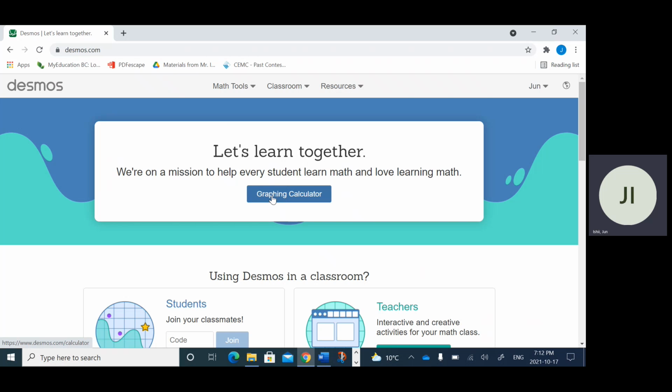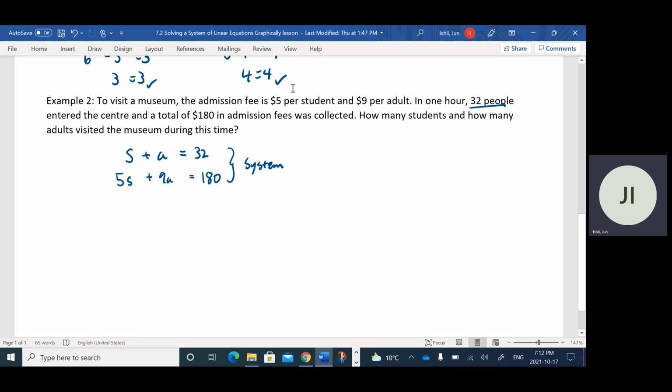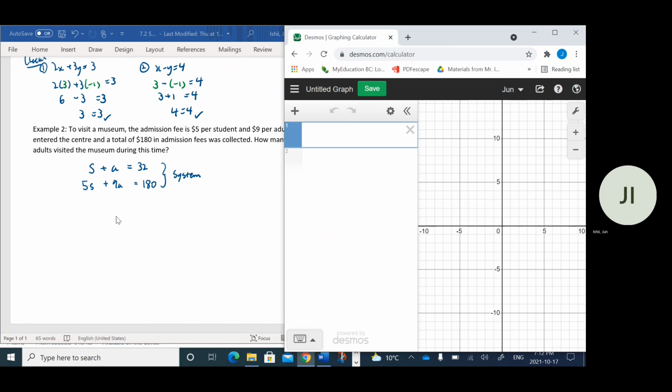So I'm just going to click on the graphing calculator. What this program does is graph lines or functions for us. For the first one, I have S plus A equals 32.